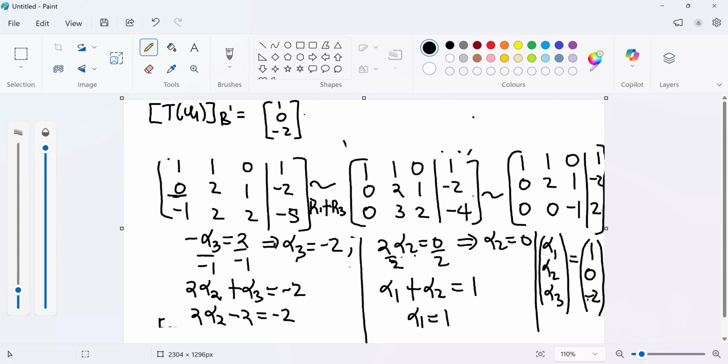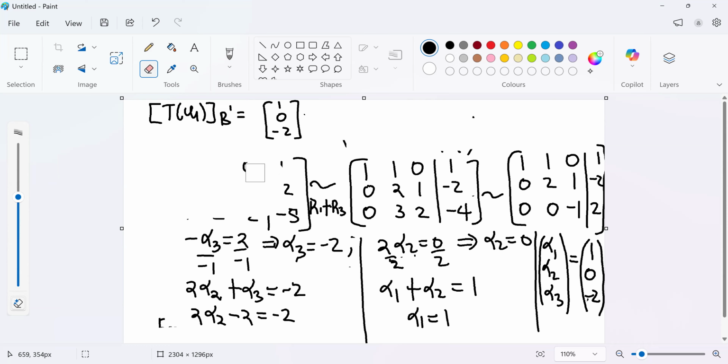Then I also solved the other linear combination, which I rubbed off. I emphasized it. So I'm going to put that linear combination, which was having TU2, alpha 1 times V1. Now I repeat the same thing for that linear combination.